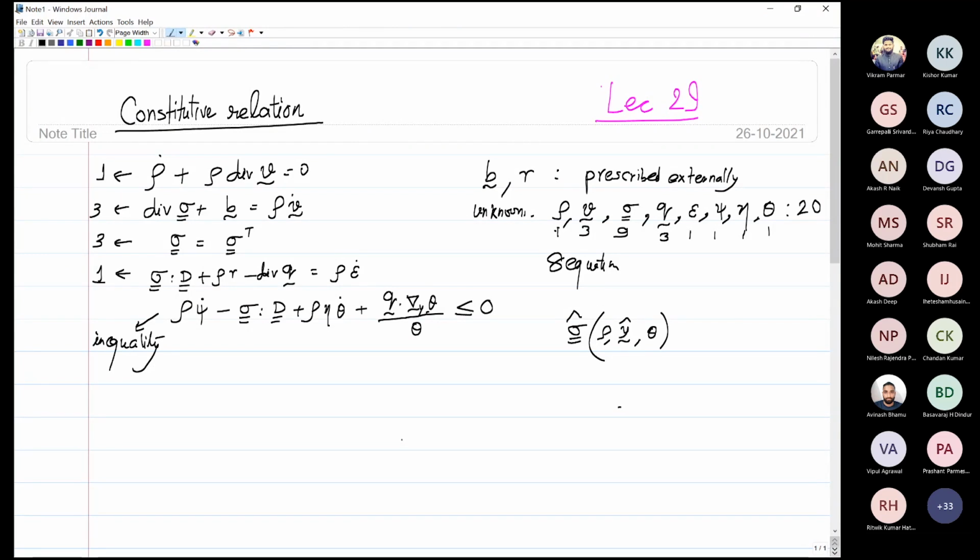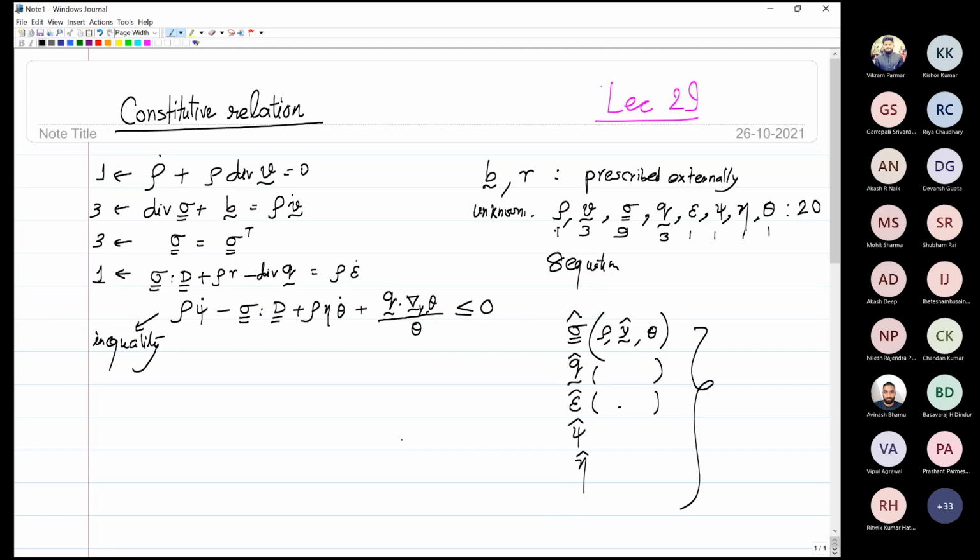Similarly, we have q, so we likewise need a constitutive relation for q, then for specific internal energy, then specific Helmholtz free energy, specific entropy, and finally temperature. Well, temperature is a basic unknown, so we don't need any constitutive equation for it.